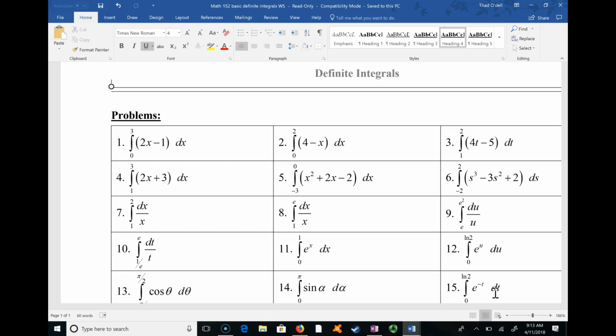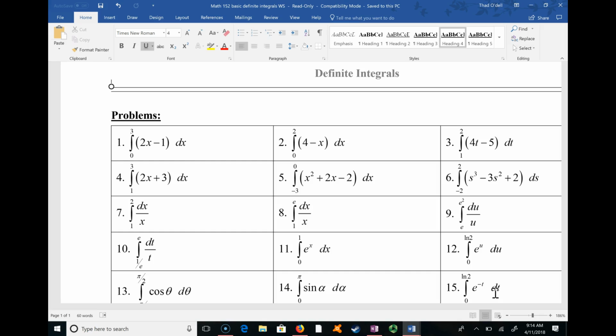The relationship between capital F and small f is that if you take the derivative of capital F, you get small f. AKA, capital F is the antiderivative of small f. You undo the derivative.